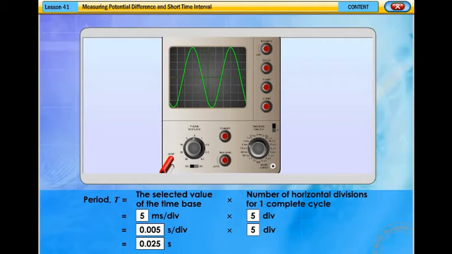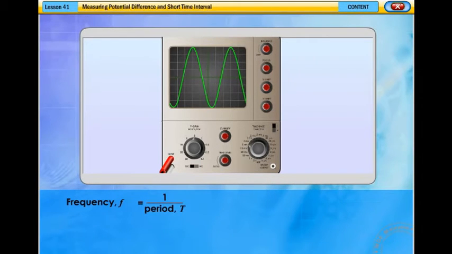Thus, the period of the waveform is 0.025 seconds. Frequency is the reciprocal of period.